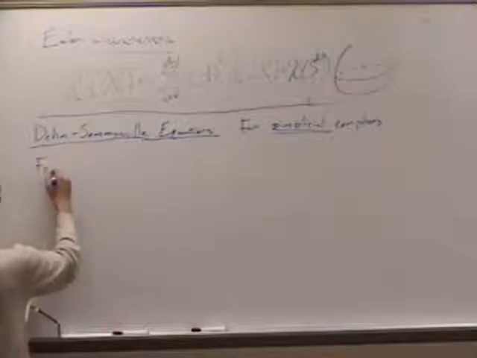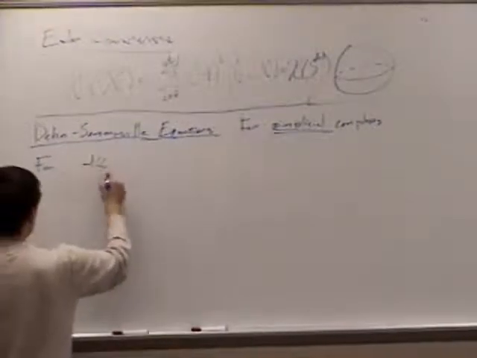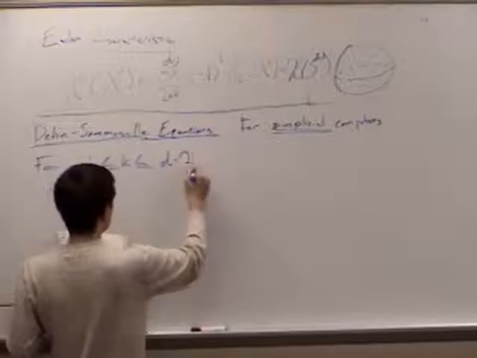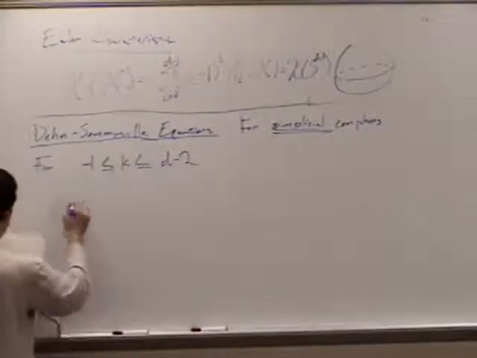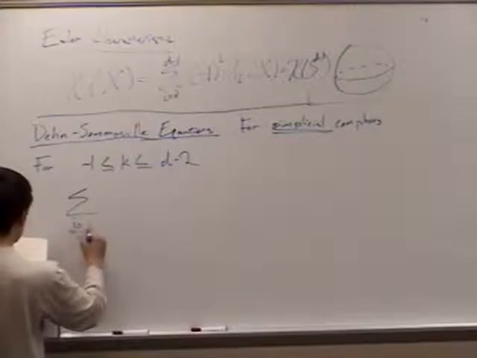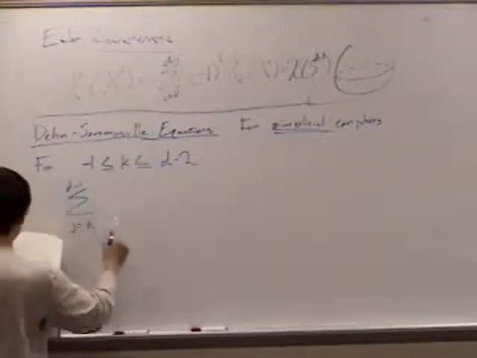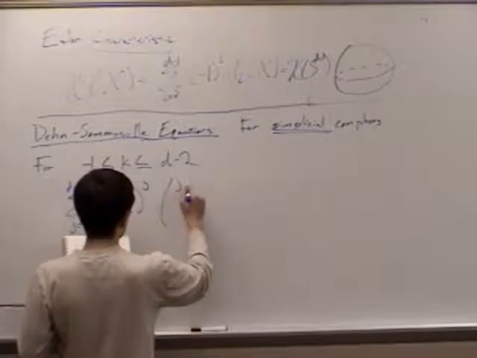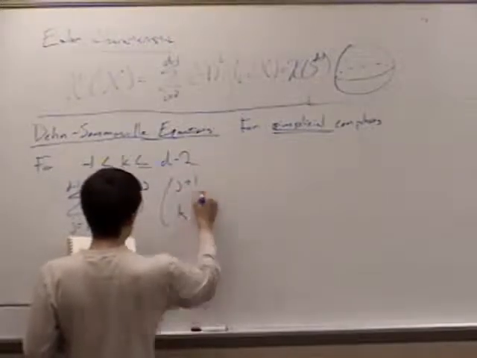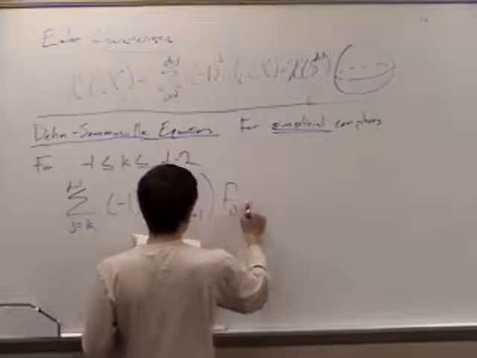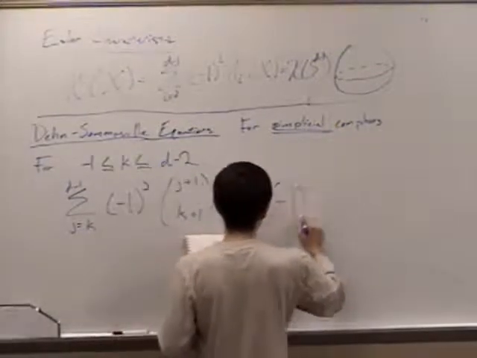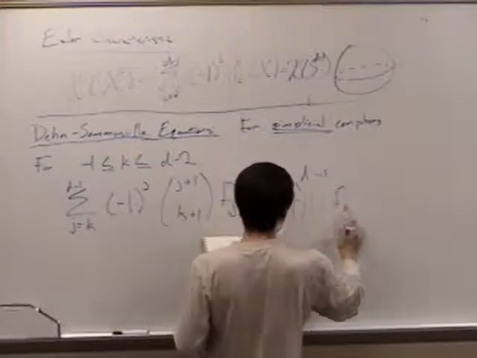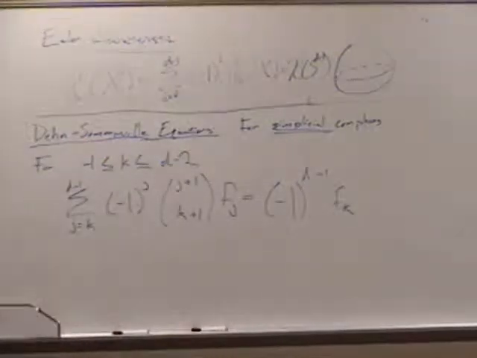So I'll say for -1 less than or equal to k less than or equal to D minus 2, we have that the sum from j equals k to D minus 1 of -1 to the j times j plus 1 choose k plus 1 of f sub j is going to be equal to -1 to the D minus 1 of f sub k. So this is a system of D minus 1 equations.